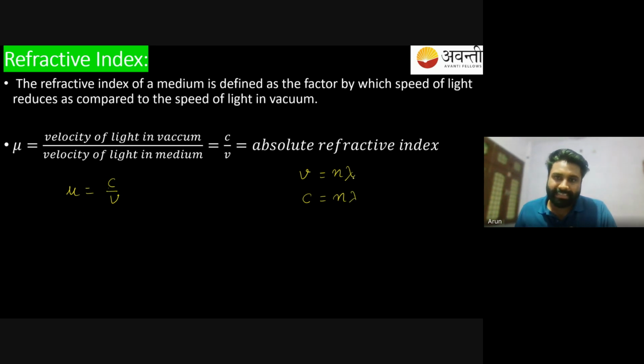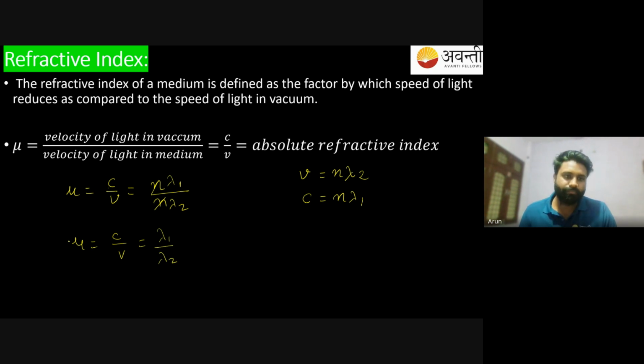I am giving this lambda as lambda 1 and this as lambda 2. So if I put this value in this, c is n lambda 1 divided by n lambda 2, because the frequency of light is not going to change. So n and n will cancel out. So mu is also c upon v, sorry, lambda 1 upon lambda 2.